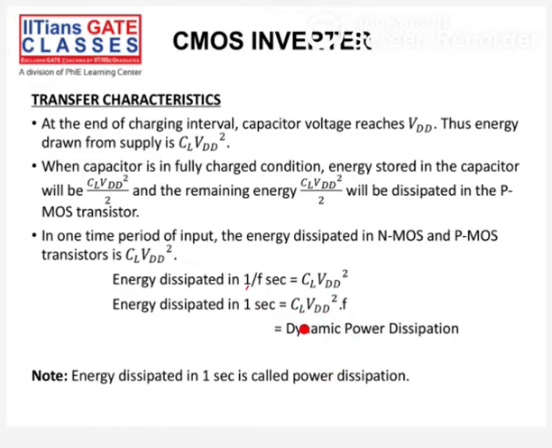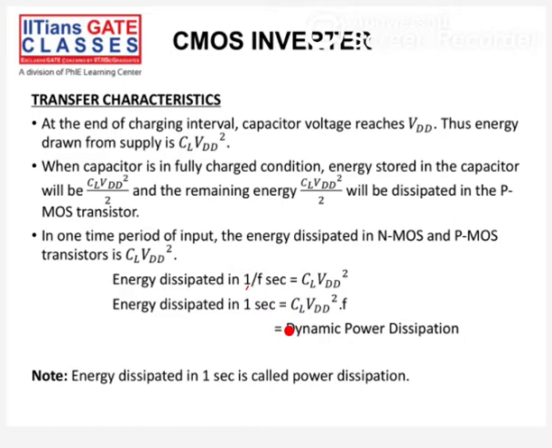From these expressions, we understand how the capacitor is charged and discharged, how much energy is stored, how much energy is dissipated by NMOS, and how much energy is dissipated by PMOS. While charging, PMOS will be in conduction mode, and while discharging, NMOS will be in conduction mode.